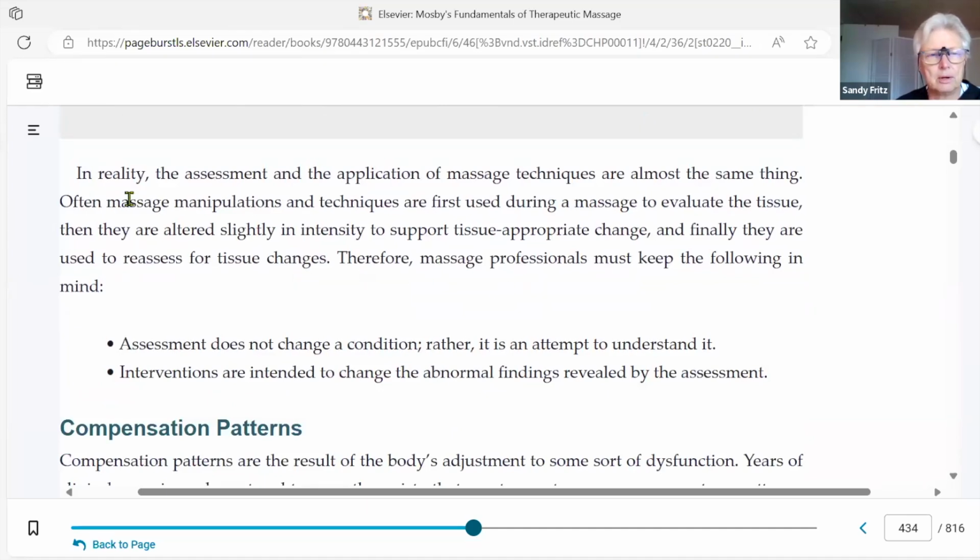And then another important concept here is that assessment and application are almost the same thing. It's just that nuancing. And you have to learn it in pieces. But in the real world, with practice, it all comes together. It's hard to discern if you're watching an experienced massage therapist where's assessment and where's intervention, and how's that fit in with the whole outcome goals and the treatment process.